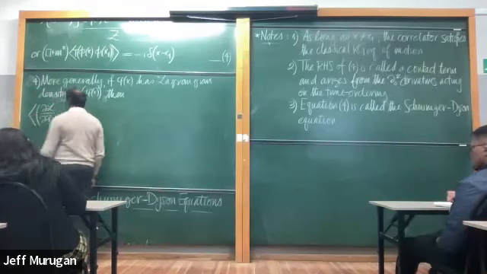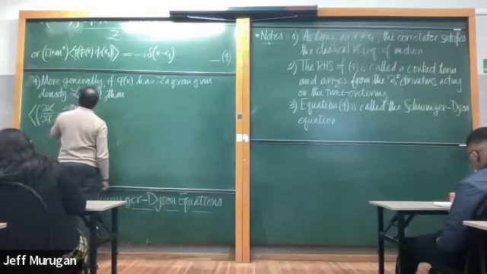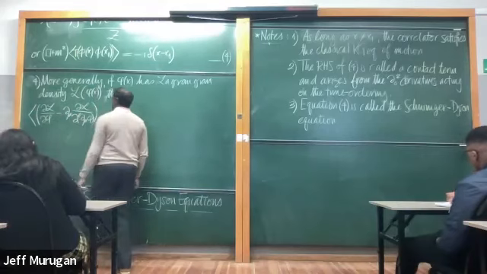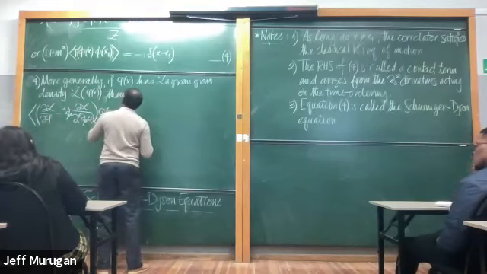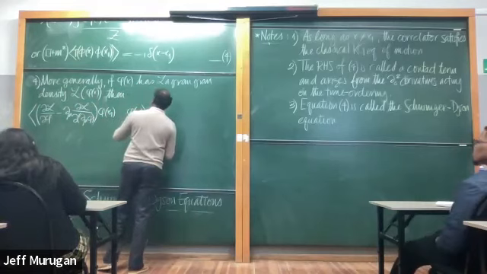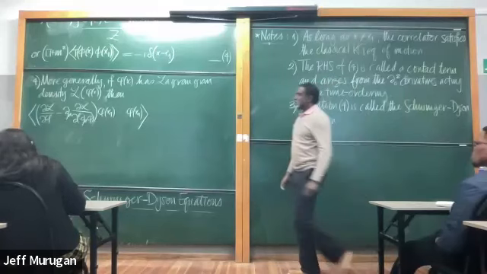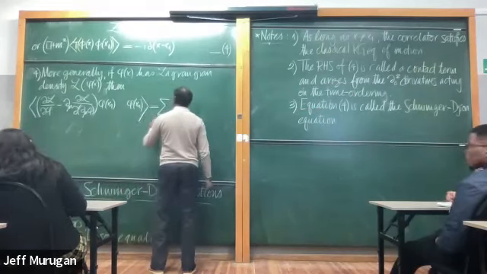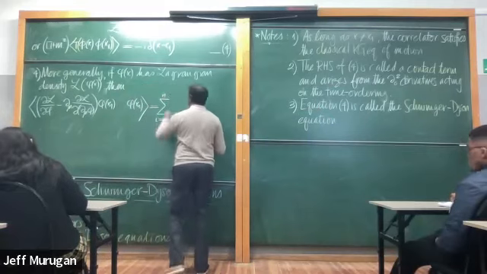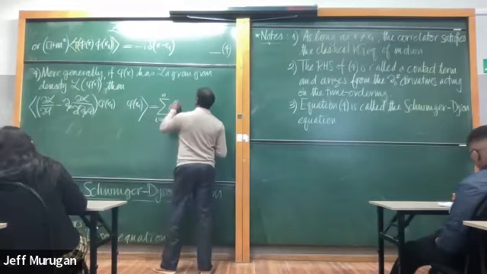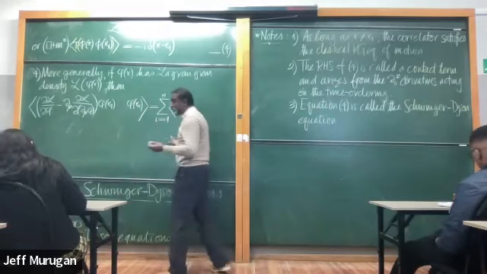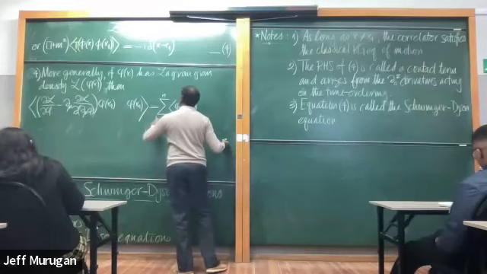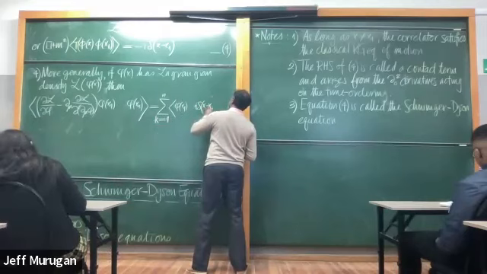dL by d phi minus d mu of dL by d d mu phi, acting on phi x1 to phi xn average, which will be about the path integral, is the sum over, let's say, k equals 1 to n of phi x1 all the way through to delta of x minus xk, where I replace the phi k with delta of x minus xk.